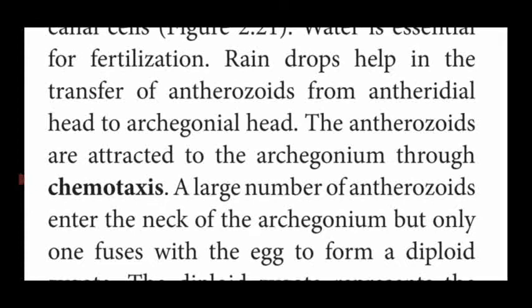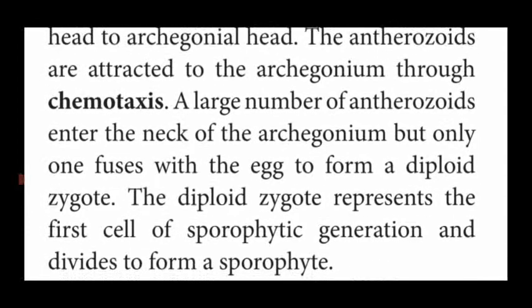So here the archegonium produces a certain chemical substance, and due to this chemical the anthrozoids are attracted and swim in the water and reach the venter of an archegonium. A large number of anthrozoids enter the neck canal of the archegonium, but only one anthrozoid fuses with the egg to form a diploid zygote.